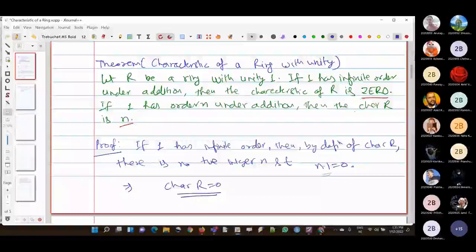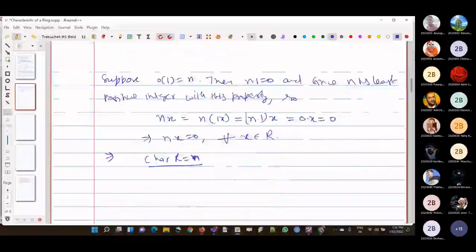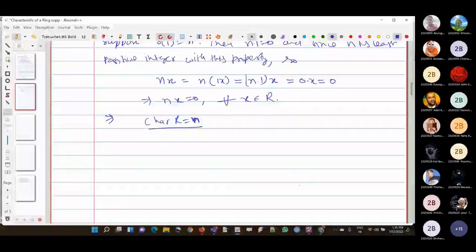But in case you talk about the integral domain, which is a more particular or special case of ring, in which we don't have any zero divisor, things become simpler and we get more crisp information about the characteristic.